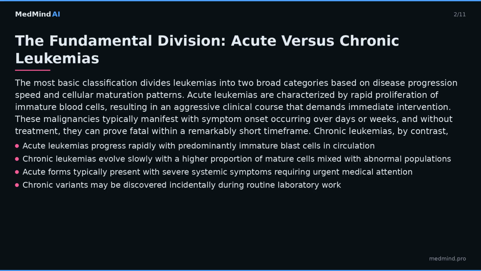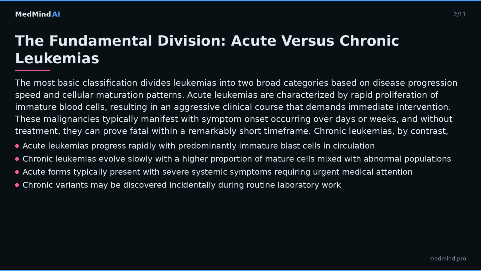These malignancies typically manifest with symptom onset occurring over days or weeks, and without treatment, they can prove fatal within a remarkably short timeframe. Chronic leukemias, by contrast, develop gradually and often remain relatively stable during initial phases, allowing patients more time between diagnosis and the need for intensive treatment initiation.